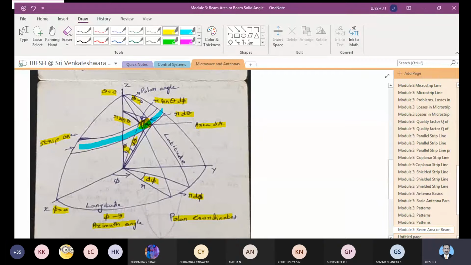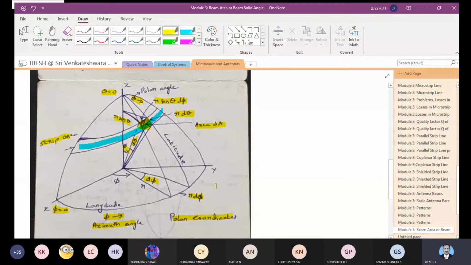The theta component is 0 and theta varies in this direction. The phi component is 0 and phi varies in this direction. Phi is called the azimuth angle, and these are polar coordinates. This distance is r, this is the phi direction, and this is the theta direction.